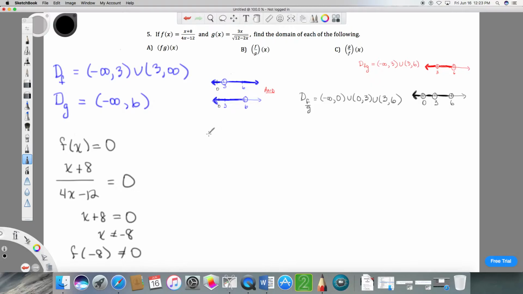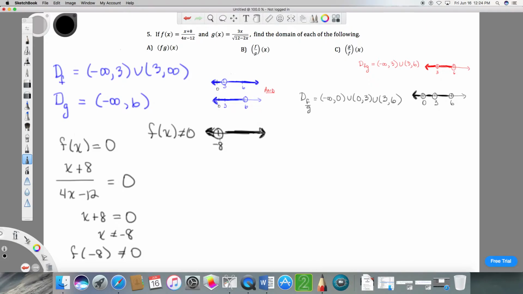And now I want all real numbers that exclude -8. So, oops. This is all the values of X that will result in an output that's not 0.